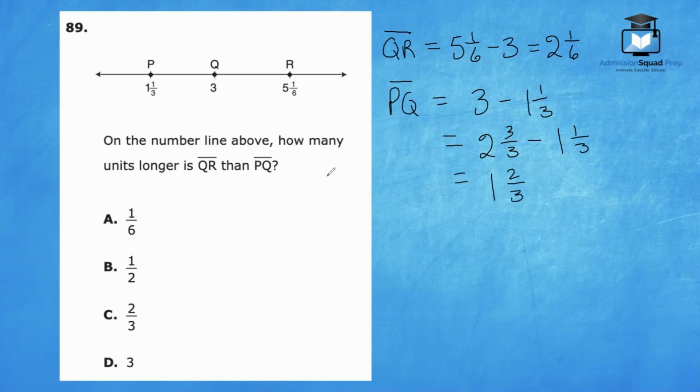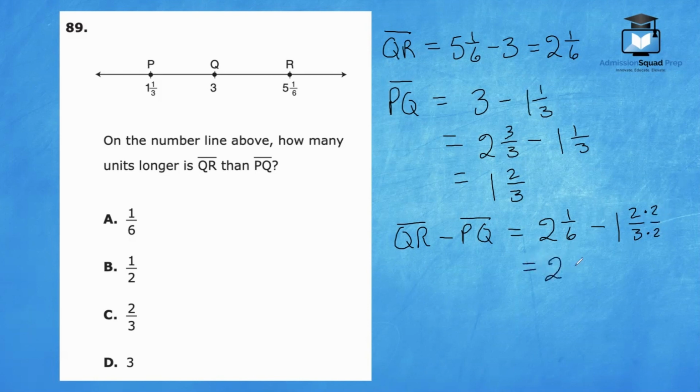The question then asks us to figure out how many units longer is line segment QR than PQ. So we're going to subtract the two quantities. QR minus PQ is 2 1/6 minus 1 2/3. The first step is to get the denominators to be the same. So we will multiply both the numerator and denominator of 1 2/3 by 2 over 2.